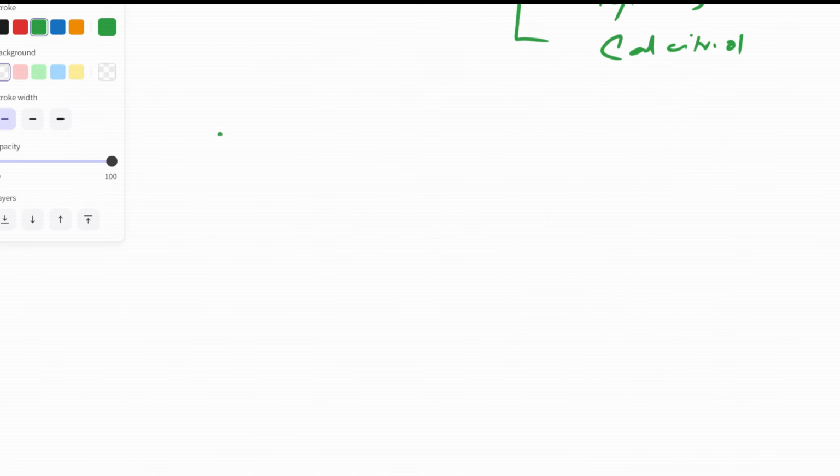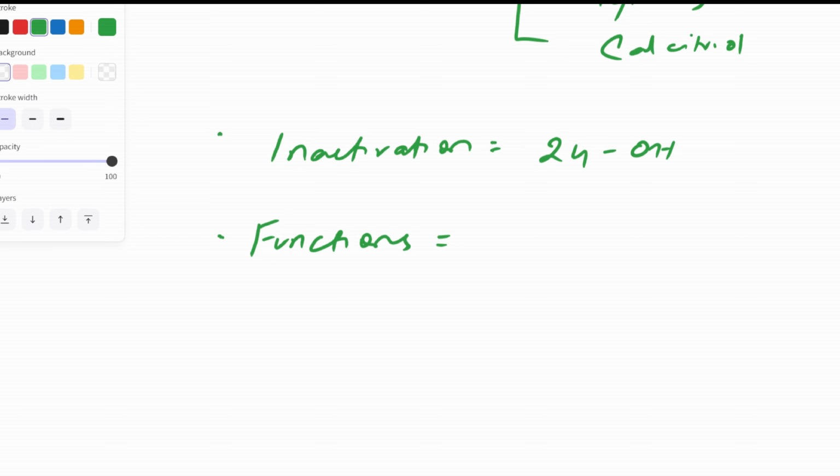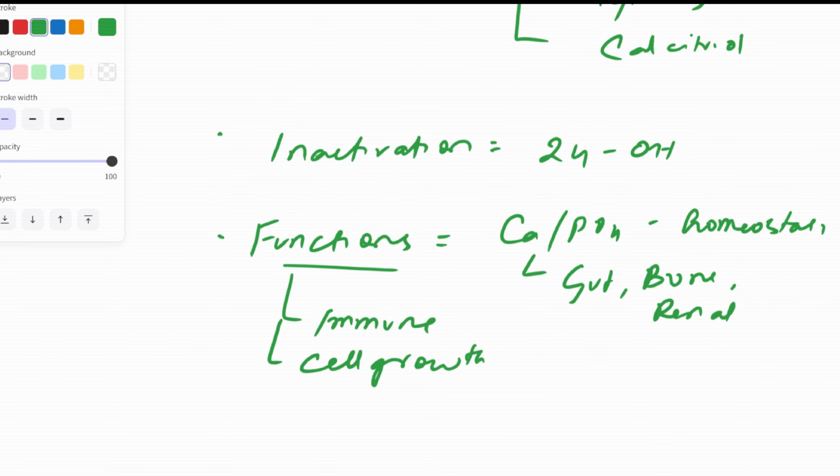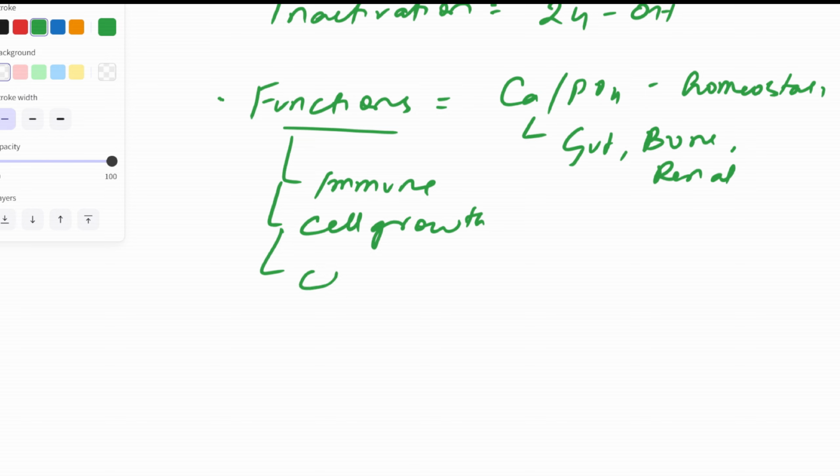The primary functions: it is essential for calcium and phosphate homeostasis, which enhances intestinal absorption, promotes bone mineralization and increases renal reabsorption. The extra-calcemic roles are plentiful, right? Extensive functions beyond bones include immune modulation, anti-TB activity, autoimmunity, regulation of cell growth and differentiation, which has anti-cancer potential, cardiovascular health, neuroprotection, and metabolic regulation.